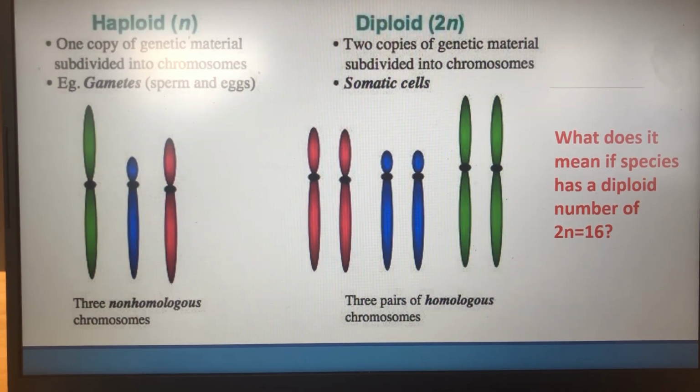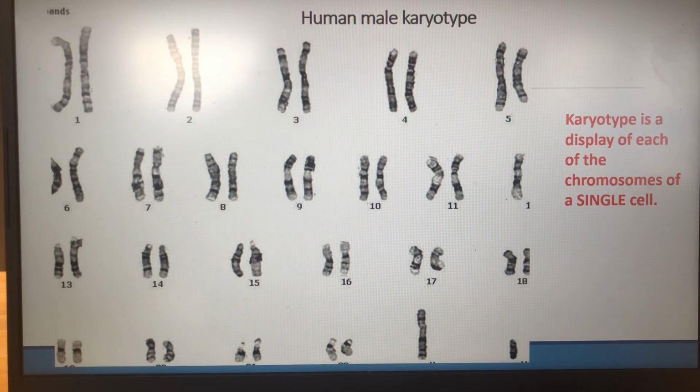So hopefully that helps. This is a karyotype. A karyotype is a display of each of the chromosomes in a single cell. This is a simple definition that it would do good for you to know. It's an easy answer.